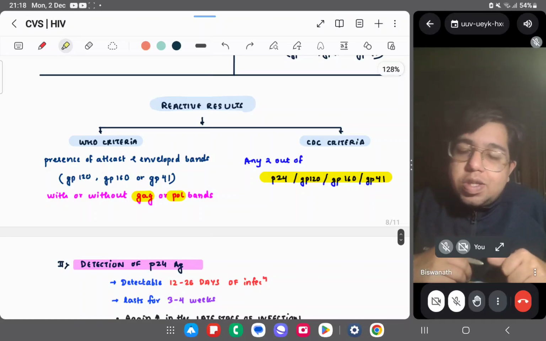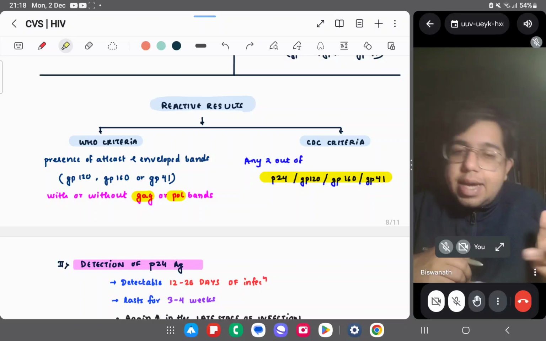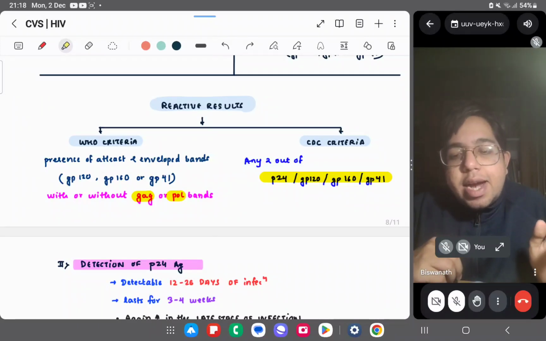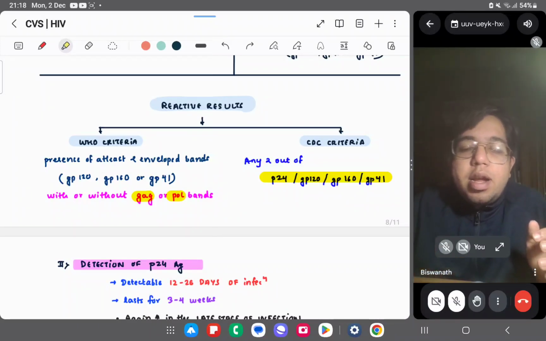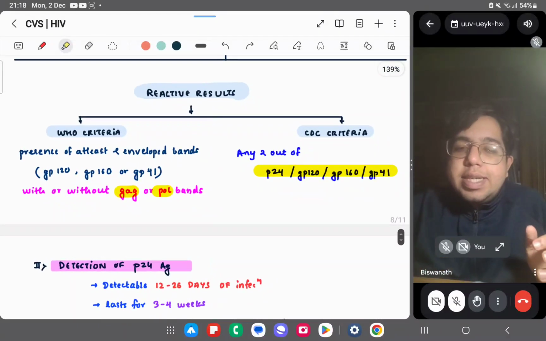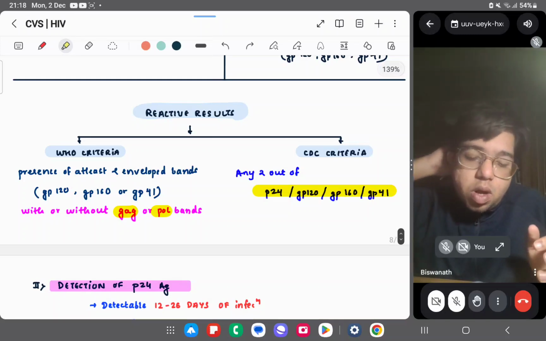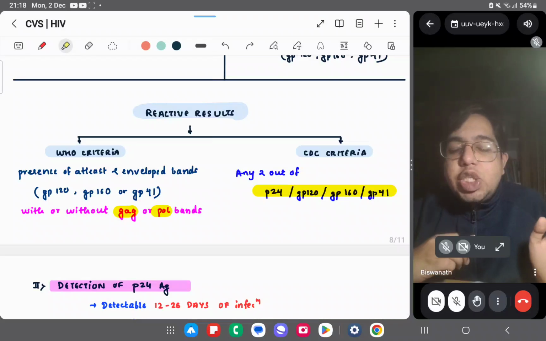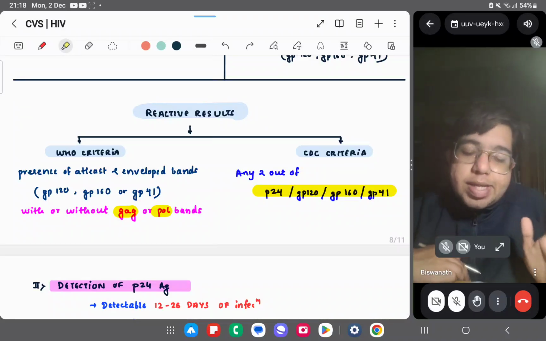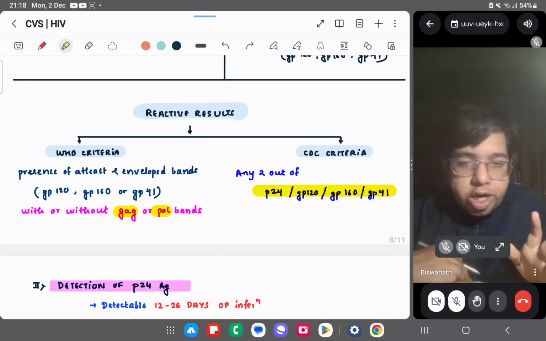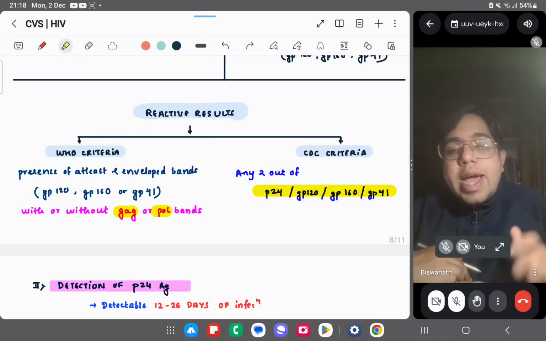Reactive results. So what result will say that this is an HIV infection? According to WHO, we have one defined standard, and according to CDC, another standard. The WHO criterion is the presence of at least two envelope bands: at least two out of 120, 160 or 41, with or without Gag or Pol bands.